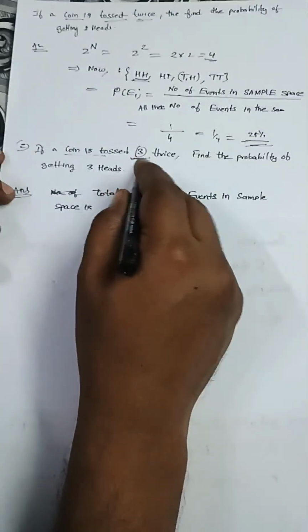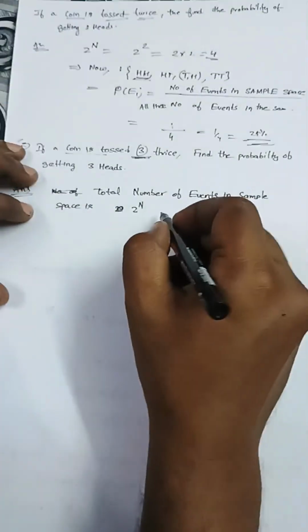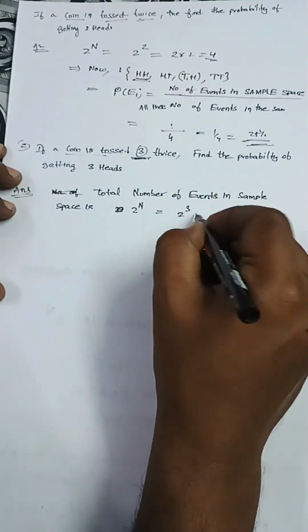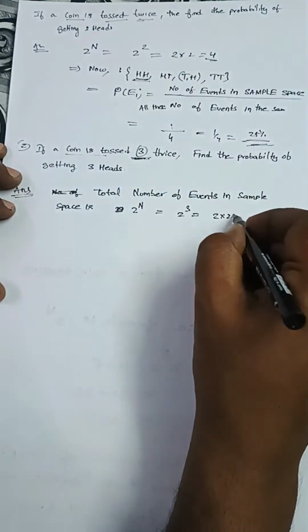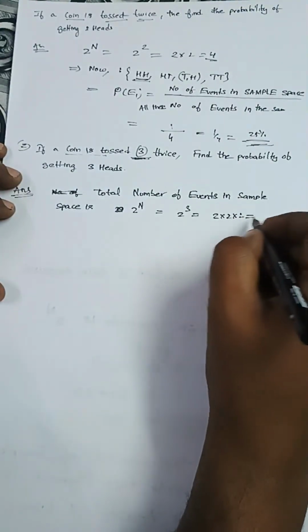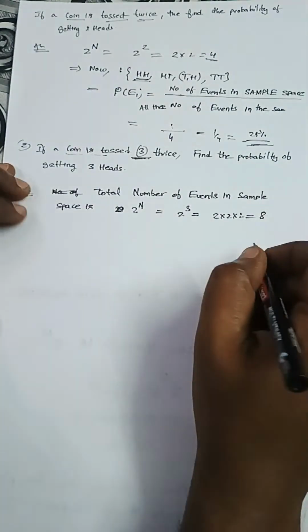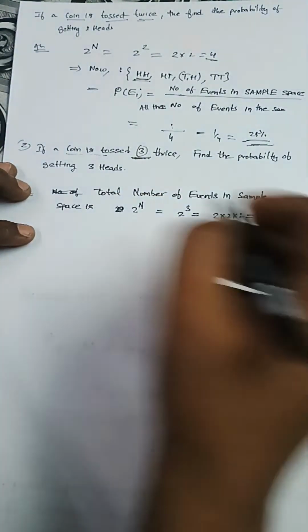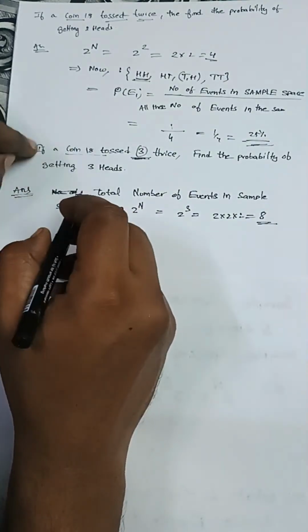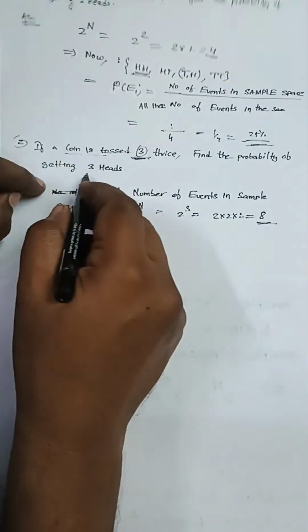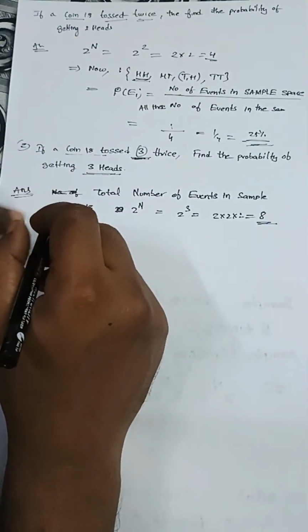Are you able to see it? Make it down. So how many times? That is 3 times, so that is 2 power 3, 2 into 2 into 2, equal to 8. Okay, the total number of events. Now what is the question that is asked? How many will get 3 heads?